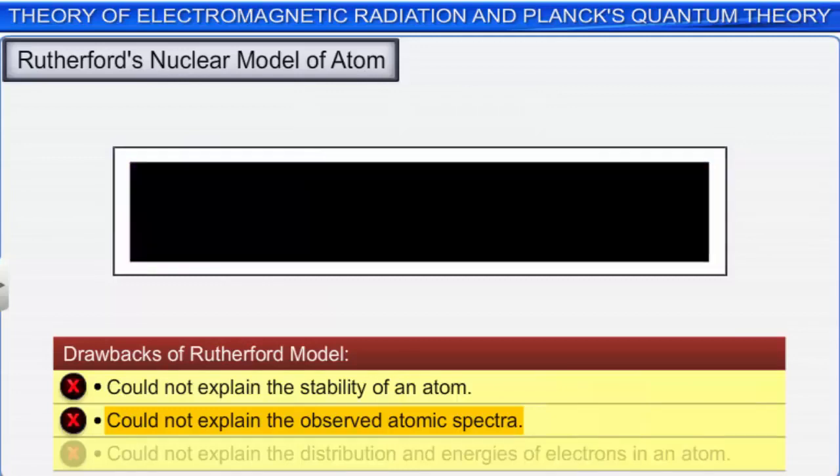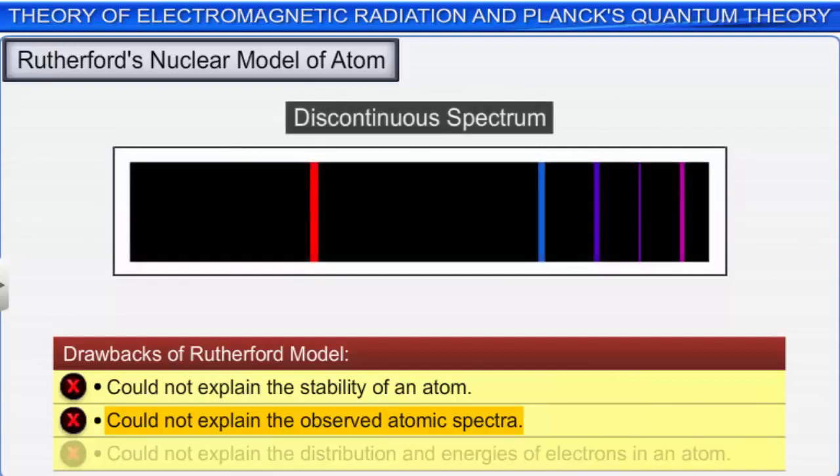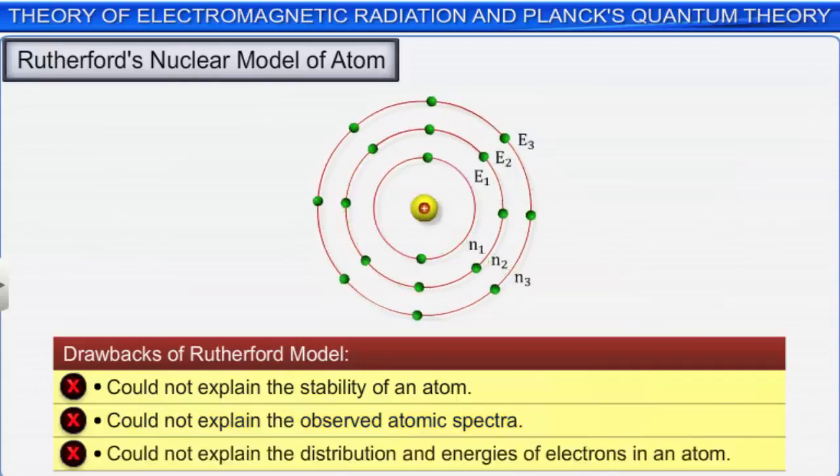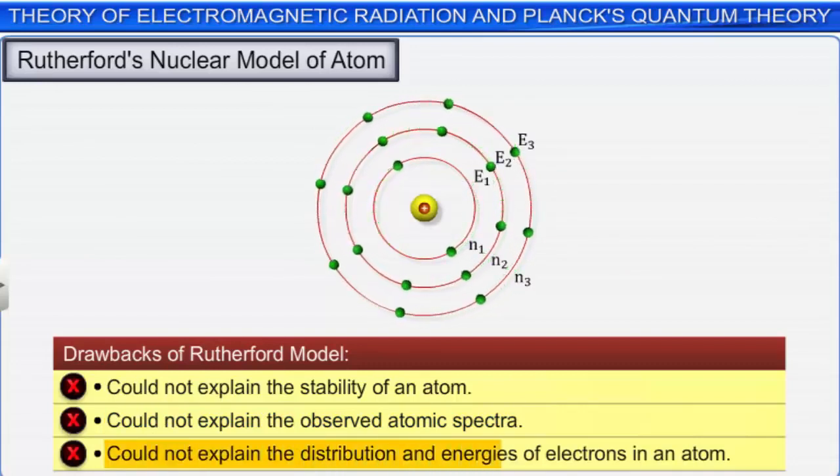But the spectra of elements indicate that atoms emit energy discontinuously, and hence the Rutherford's atomic model couldn't explain the observed spectra of atoms. Another drawback is that it could not explain the electronic structure of atoms. That is, the distribution and energies of electrons in an atom.